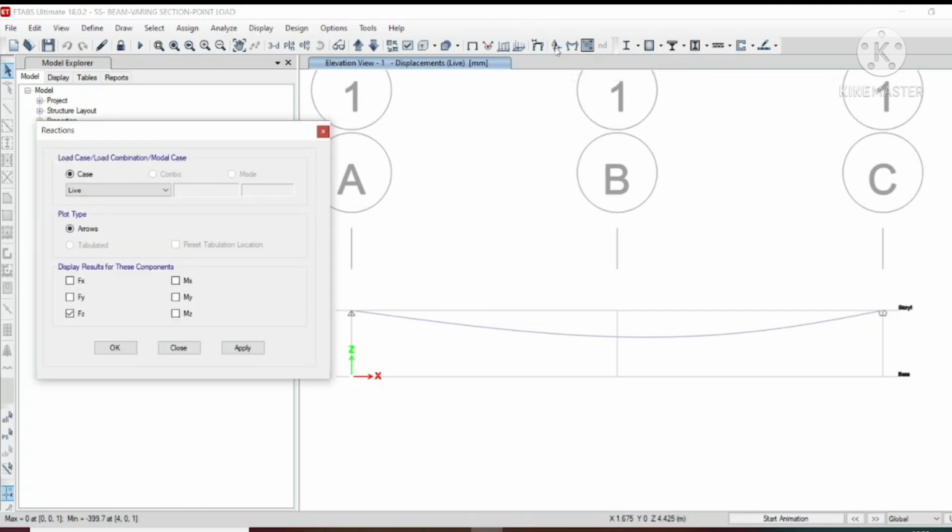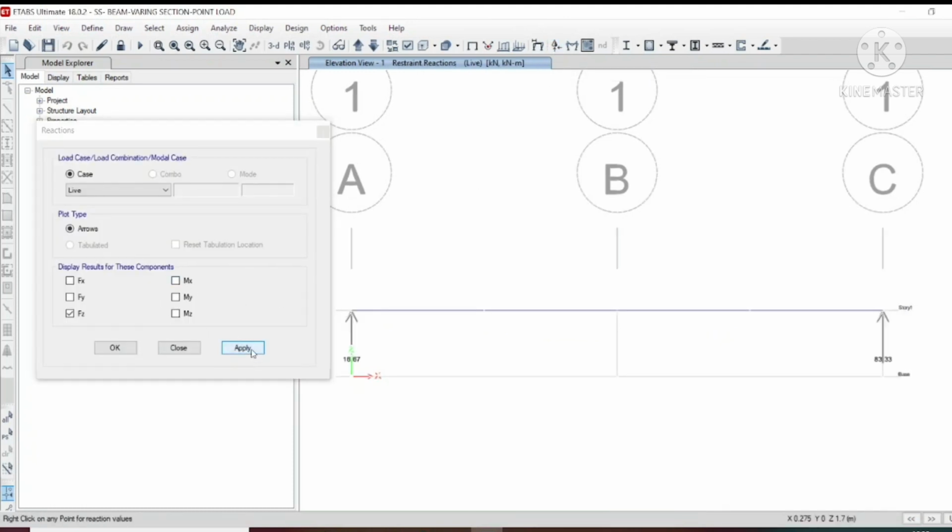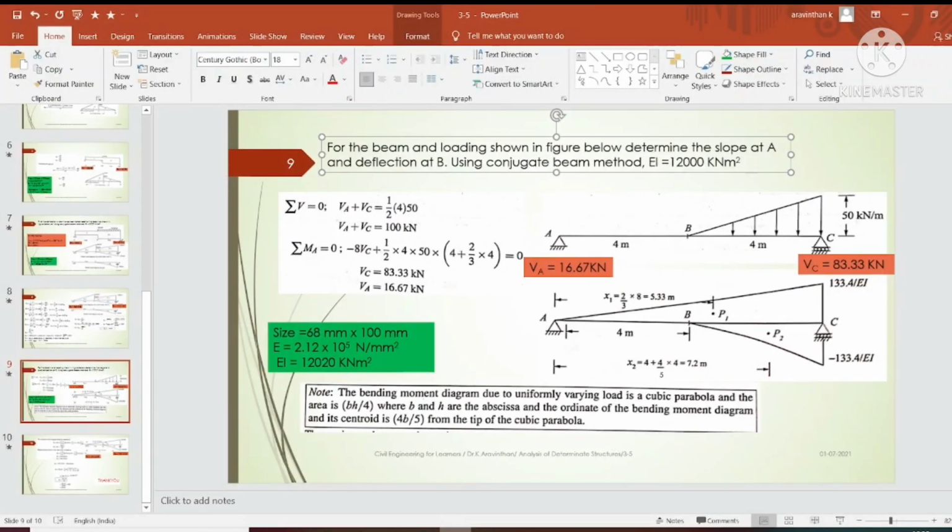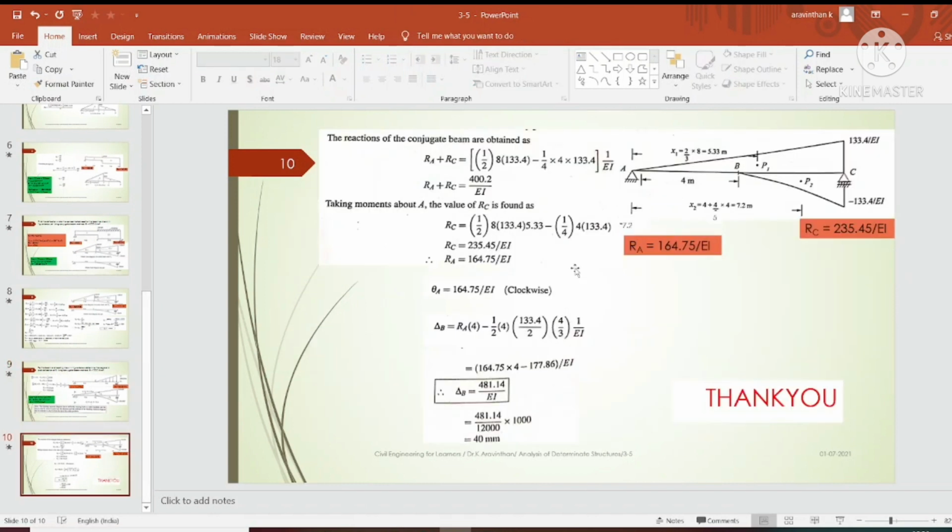First, let us check the reactions. So you got 16.67 and 83.33. 16.67 and 83.33 as our reaction, and we have to get 40 mm of displacement.